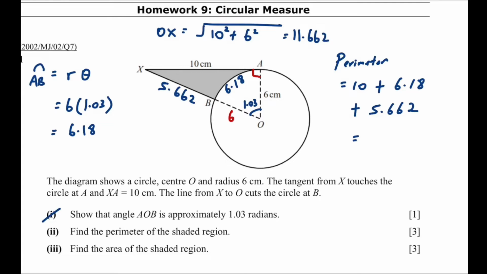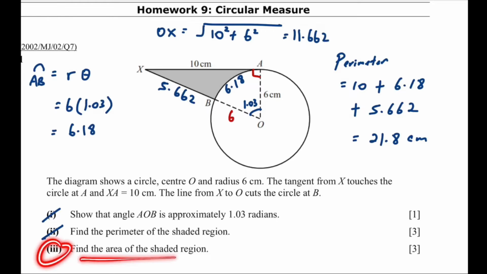Final answer, you can round it off to 3 sig fig, 21.8 cm. So usually what we do is the final answer, if it's non-exact, we round it off to 3 sig fig. But if this is not your final answer, you always need to round it off to more accuracy. Okay, give it more significant figures. In this case, I give 5 significant figures.